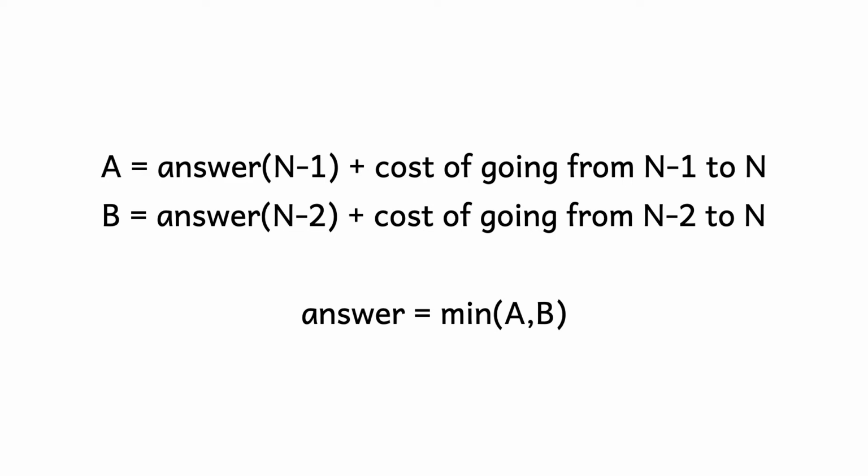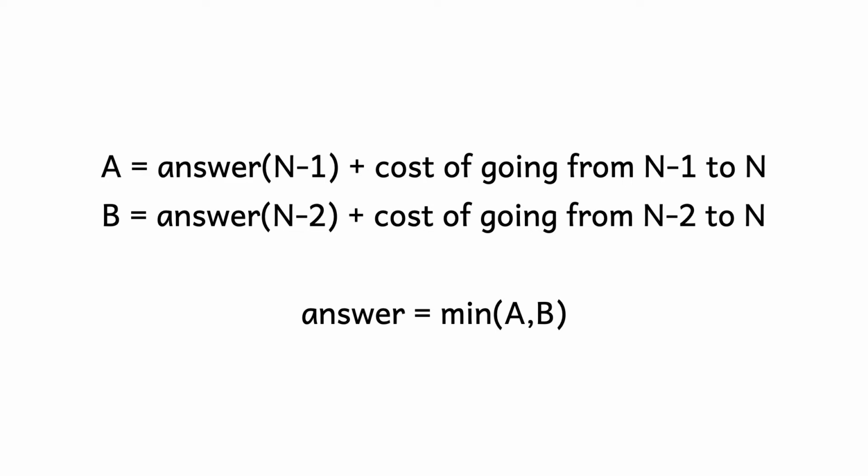You can take a moment here to convince yourself of the correctness of the claim that we are making here, that this is indeed the answer. It really follows from the exhaustiveness of our approach. Consider any sequence that claims to be an optimal sequence. Look at the last step that is being made in that sequence. It's going to be either n-1 to n, or it's going to be n-2 to n. So that's a fixed cost that the sequence has to pay. And beyond that, your optimal sequence has to get to stone number n-1 or n-2, as the case may be.